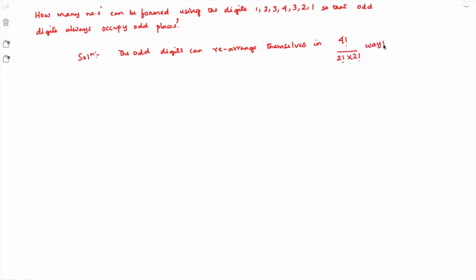Why I say this? Because there are 4 odd digits, of which there are 2 1s and 2 3s. So 4 factorial divided by 2 factorial into 2 factorial, which is effectively 4 into 3 into 2 factorial by 2 into 1 into 2 factorial. So you will get this as 6 ways.